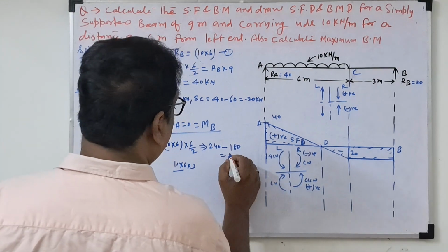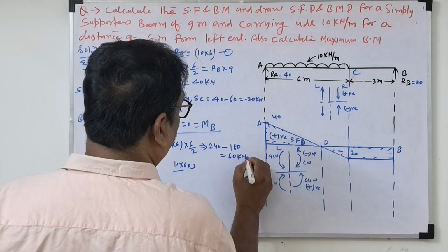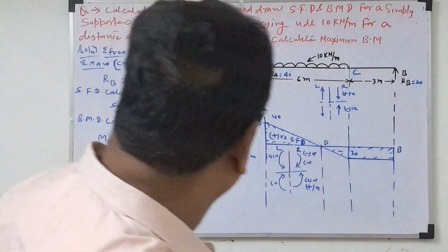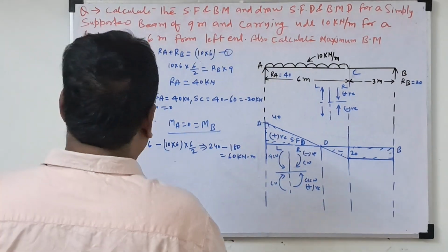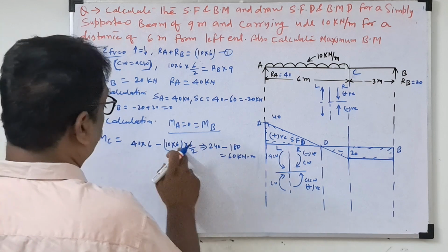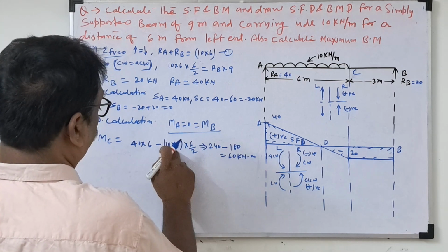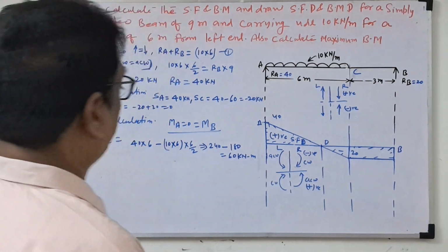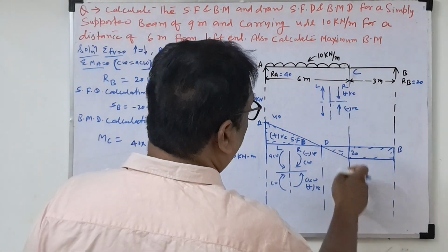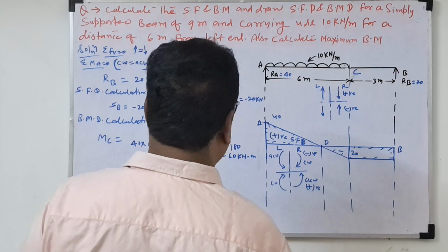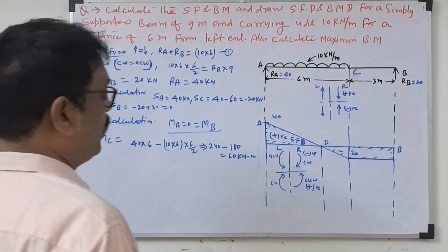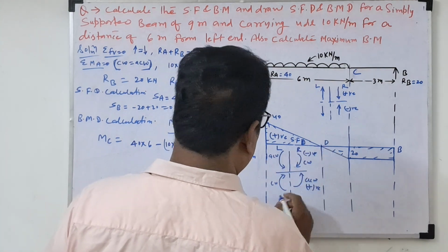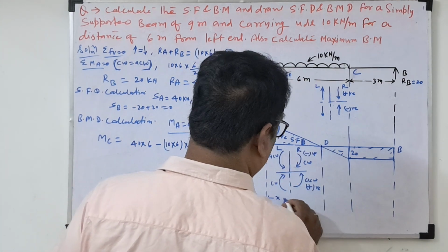So don't calculate everything blindly; always check it. 60 into 3 is 180. So the bending moment at C is 60 kilonewton meter. Now we have to calculate the maximum bending moment. Suppose, because we don't know the distance, take this distance as x meter.